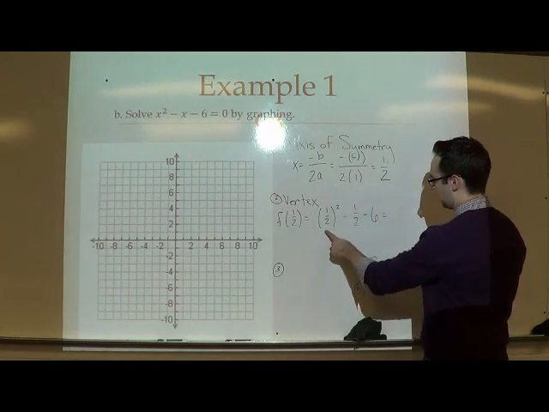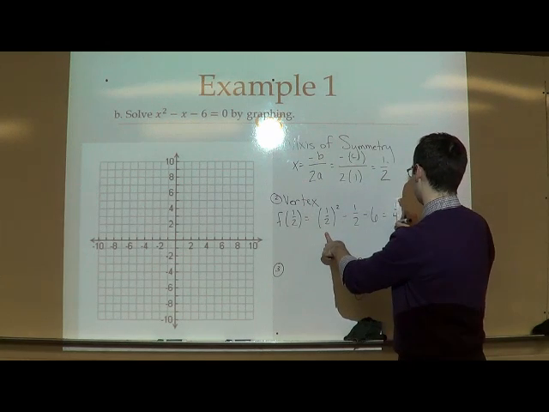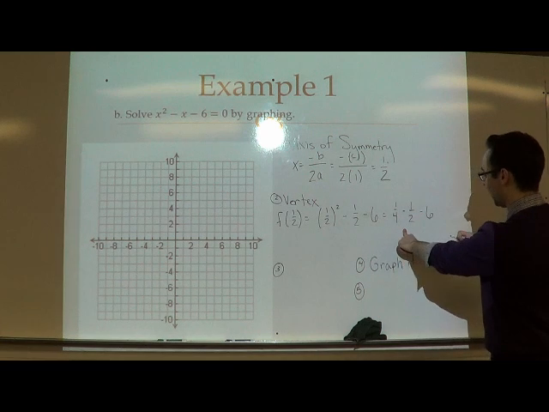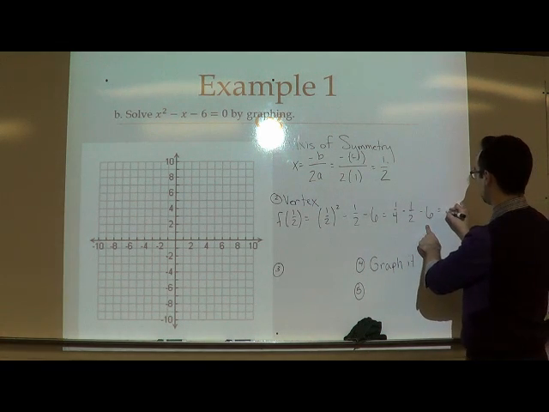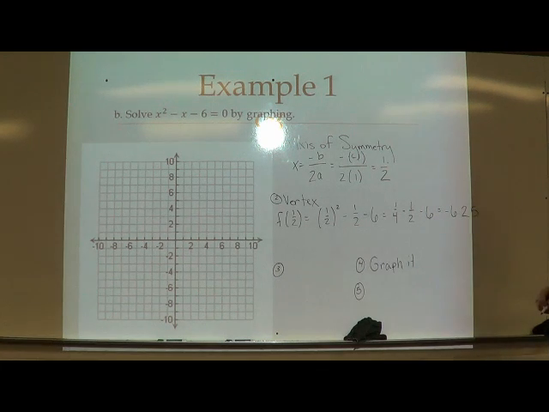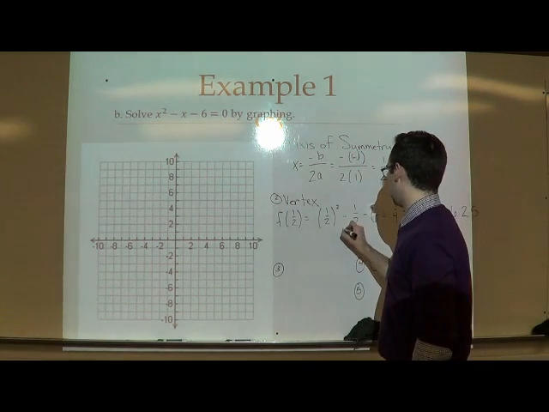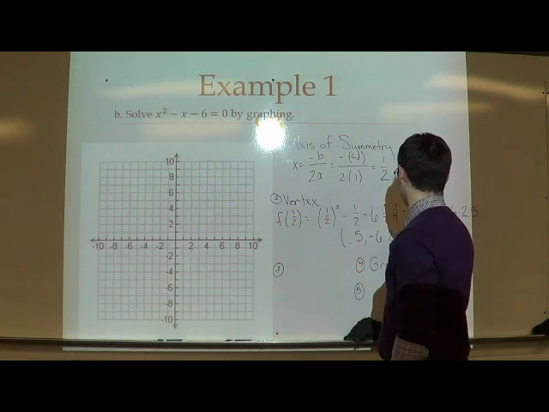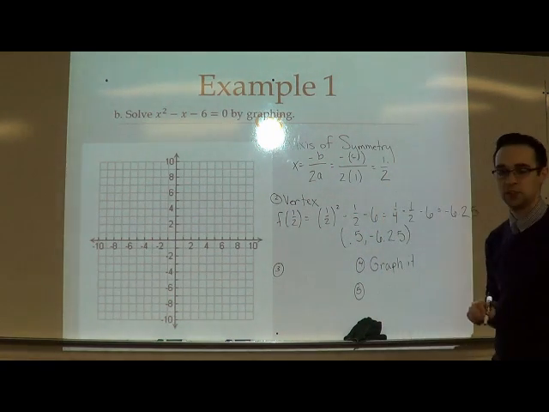So 1/2 squared is 1/4 minus 1/2 minus 6. 1/4 minus 1/2 is -1/4 minus 6 is going to give us a -6 1/4 or 6.25. So our vertex then would be at 0.5, -6.25.